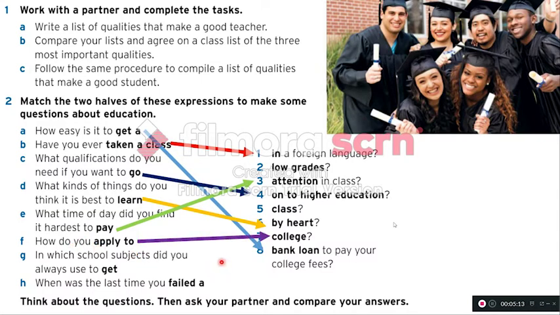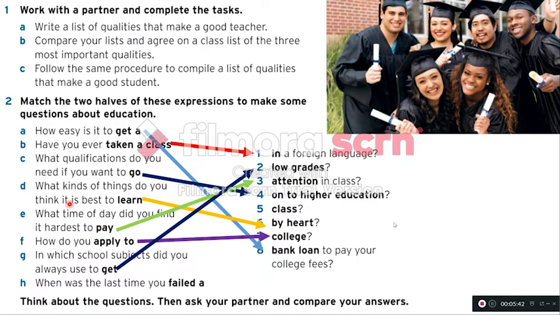When you are moving on from high school to college, you must apply to it. You must make an application so that you can see if you get into the college or not. Then, in which school subject do you always tend to get low grades? Very good. To get low grades is the opposite of getting good grades. It's the same as saying get bad grades.